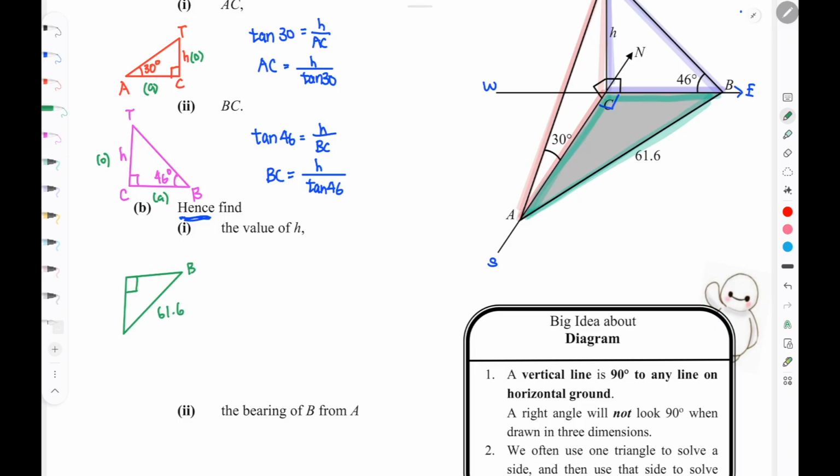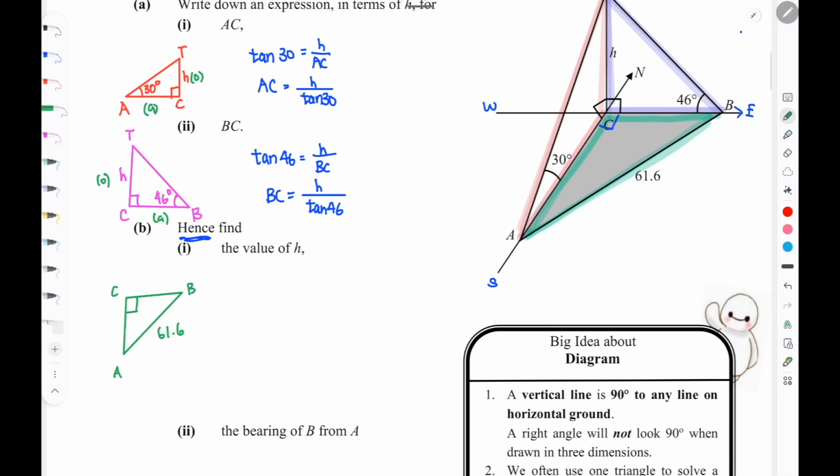This is B. This is C. This is A. So triangle ABC. What else do I know? With this info, I can actually use my Pythagoras theorem. So AC square plus BC square equals to 61.6 square.